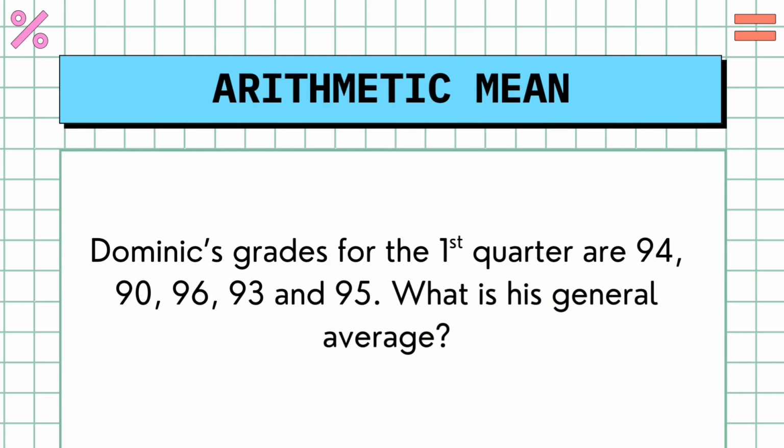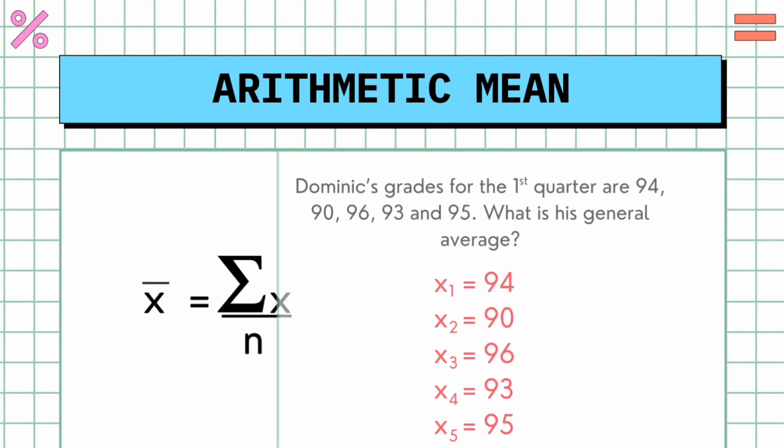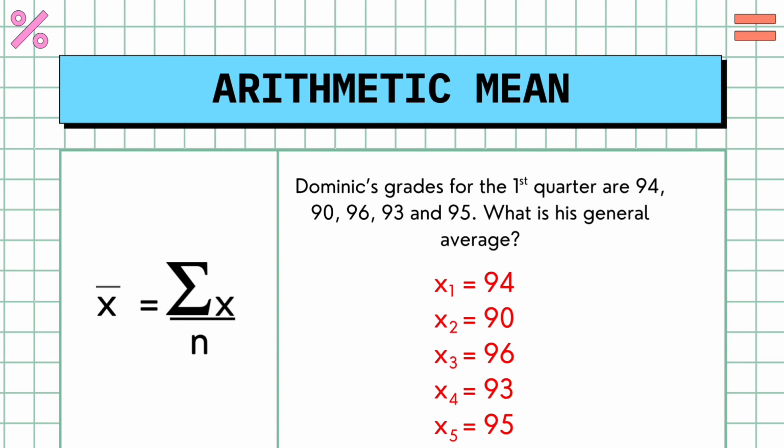Dominic's grades for the first quarter are 94, 90, 96, 93, and 95. What is his general average? So we can do this by summation notation. The arithmetic mean is equal to the summation of all terms divided by the amount of terms, or summation of x divided by n. 94 plus 90 plus 96 plus 93 plus 95, and then we divide it by 5.